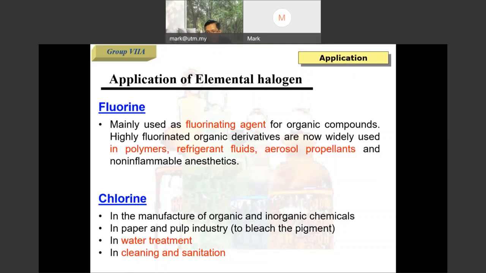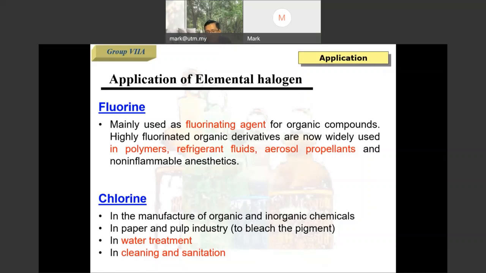The non-stick pans that you use, Teflon, is actually polytetrafluoroethylene, PTFE. And refrigerant fluids, aerosol propellants. Fluorine itself is a gas, so it is very suitable to be used in aerosols and in refrigerant fluids, which vaporize easily.